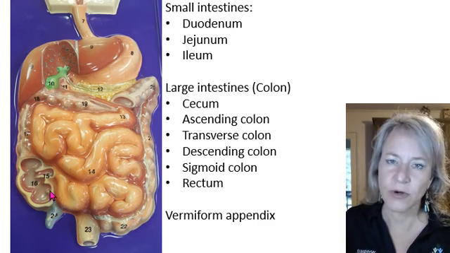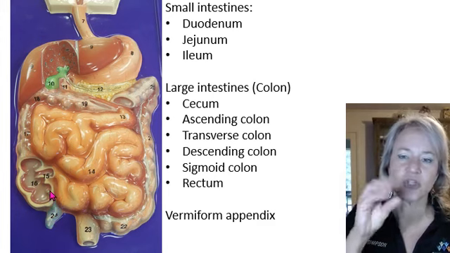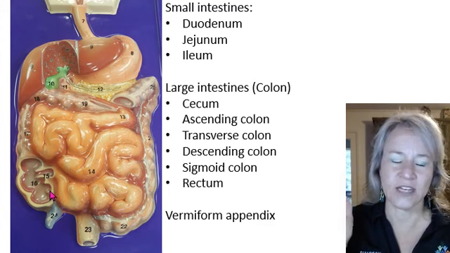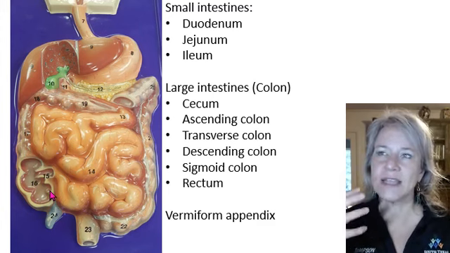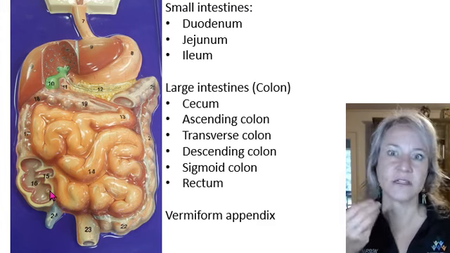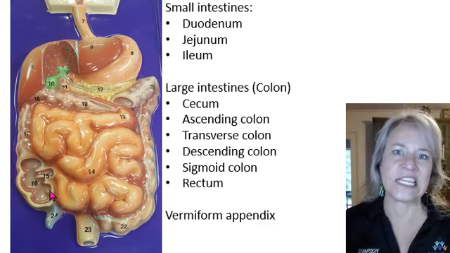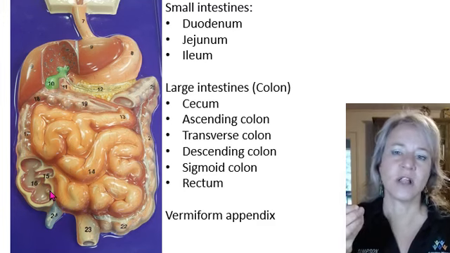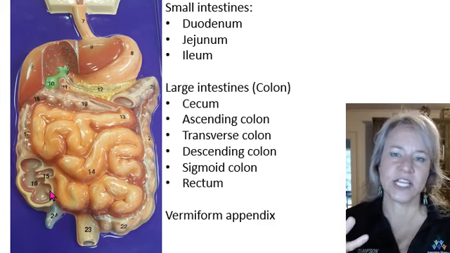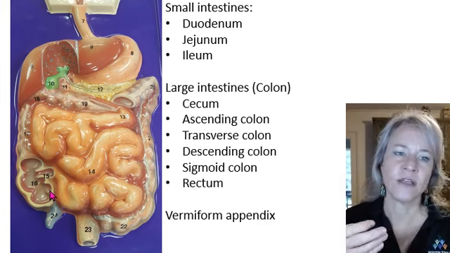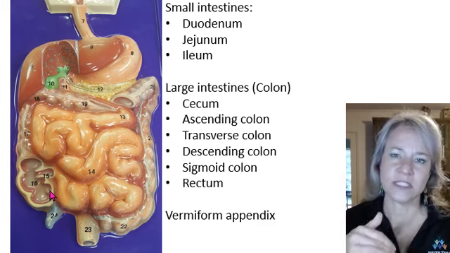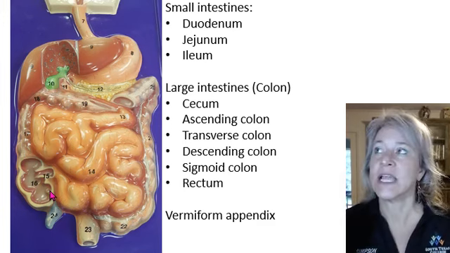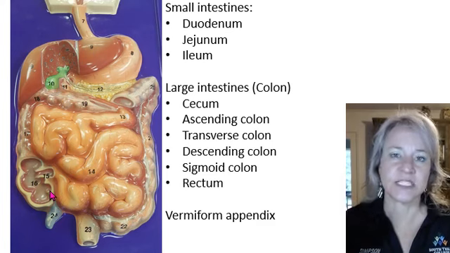Birds have a very short small intestines that is not 25 feet long, but they eat things that take a long time to digest. They eat seeds and nuts. So if it gets through the small intestines and it's not completely digested, they'll put the seed into this vermiform appendix, and it will continue to be digested.